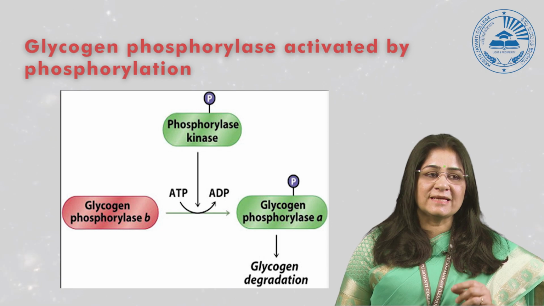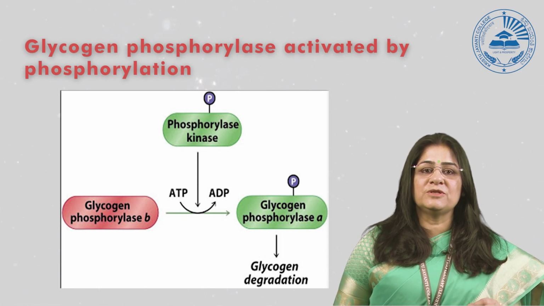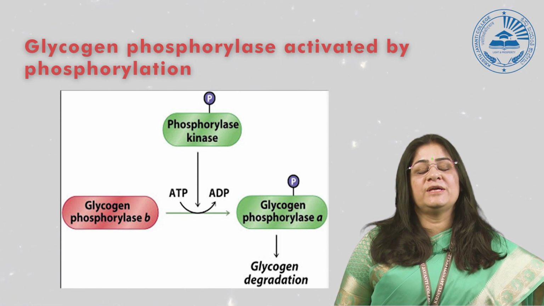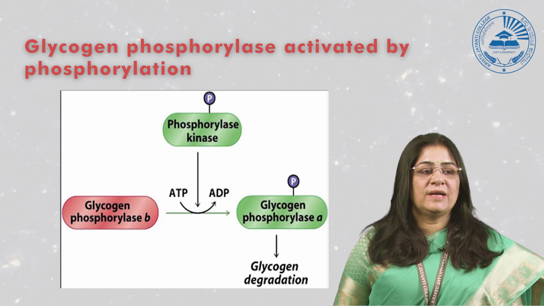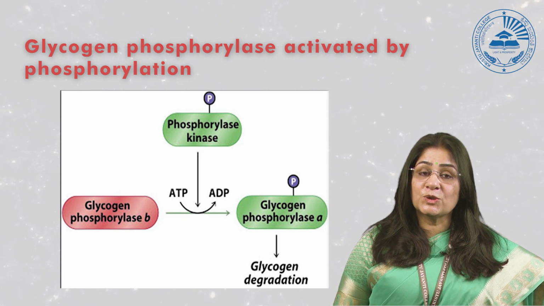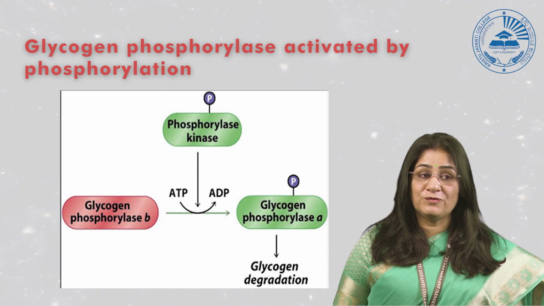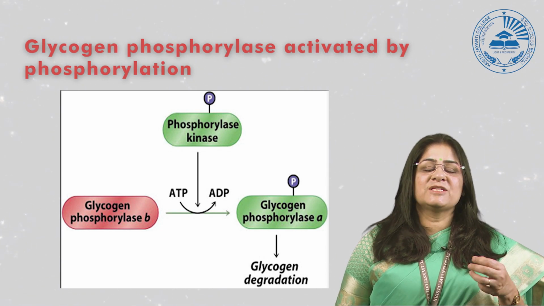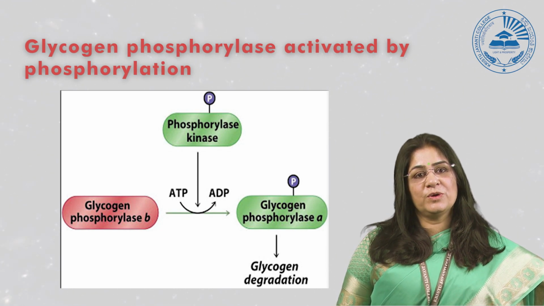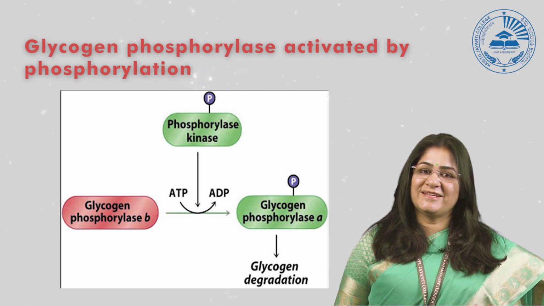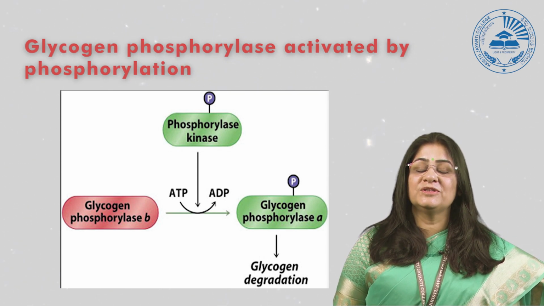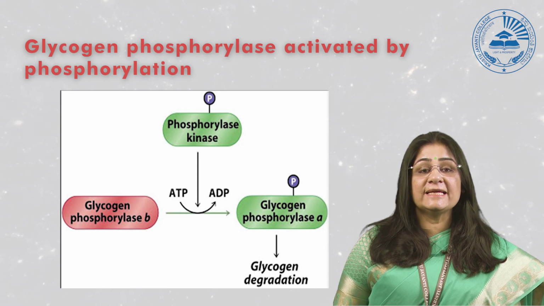This phosphorylase kinase converts glycogen phosphorylase B to glycogen phosphorylase A. When glycogen phosphorylase is covalently bound to phosphorus, it becomes active, it acts on glycogen, glycogen is broken down to glucose and you get energy. I hope you are clear with covalent modification, taking glycogen phosphorylase as an example.